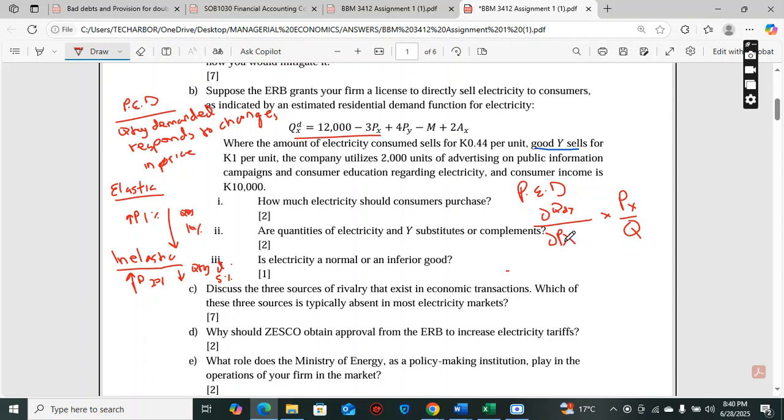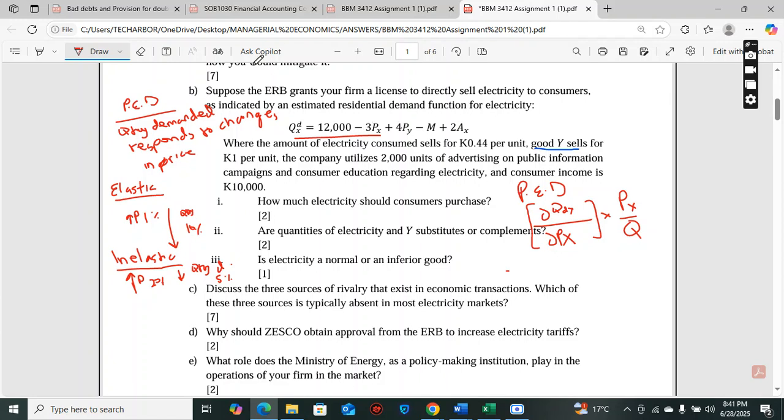What we're just saying here is that when we derive this demand function with respect to px, if a number doesn't have a px, it disappears.